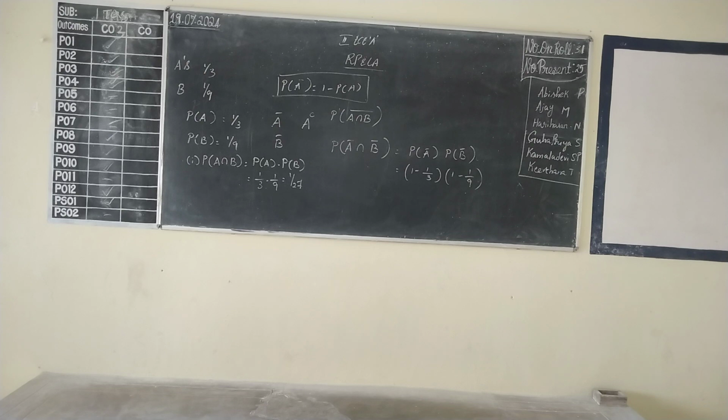What is 1 minus 1 by 3? What is the answer by this one? 0.9649.